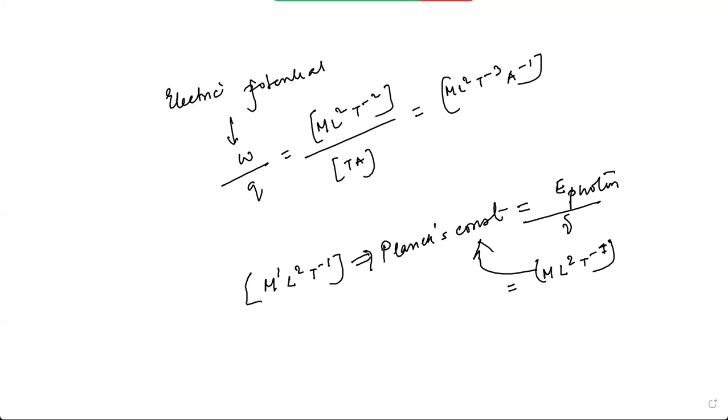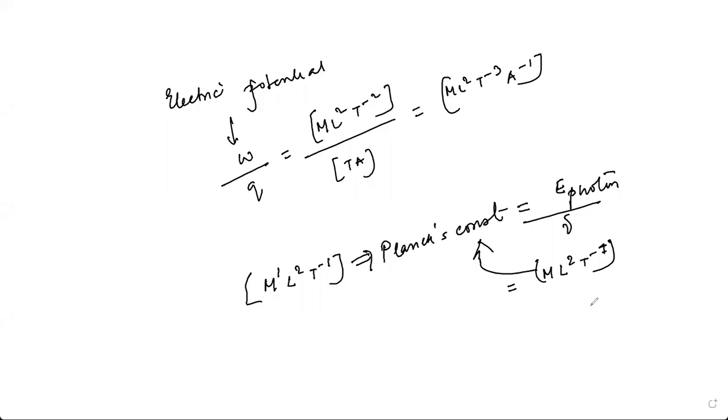Now, four categories of physical quantities. So we will look into these categories.